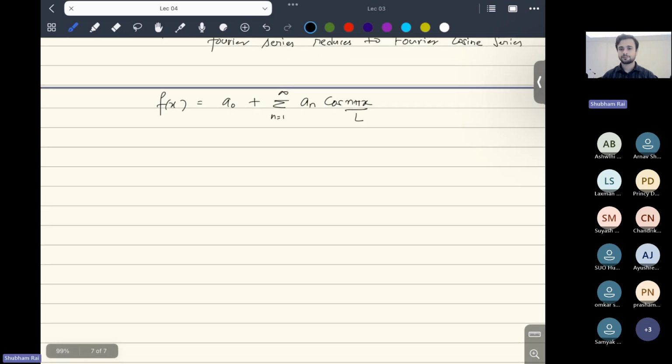So your Fourier series will reduce to the Fourier cosine series.